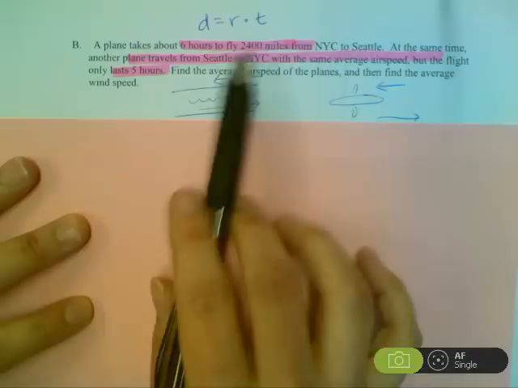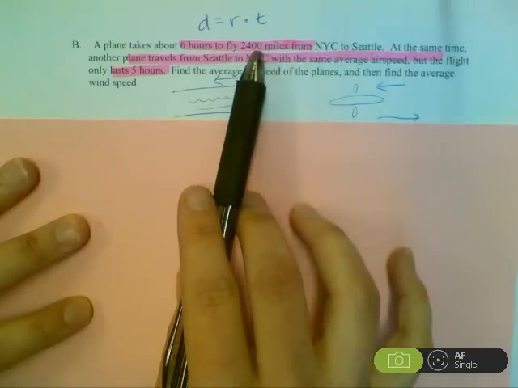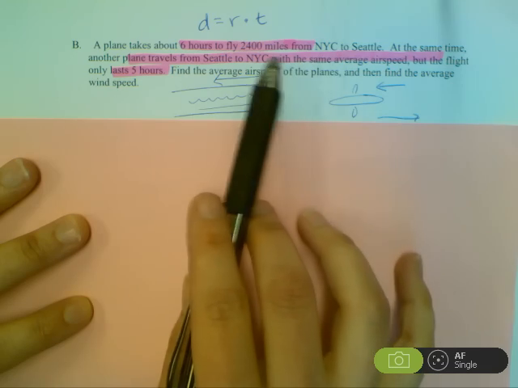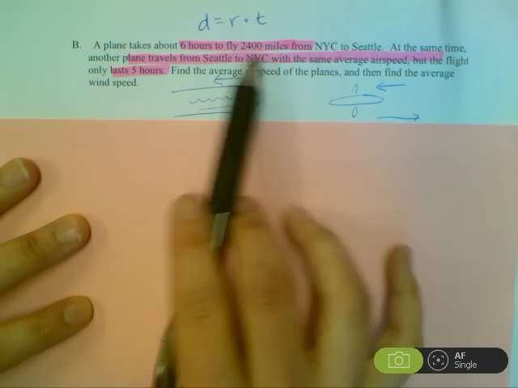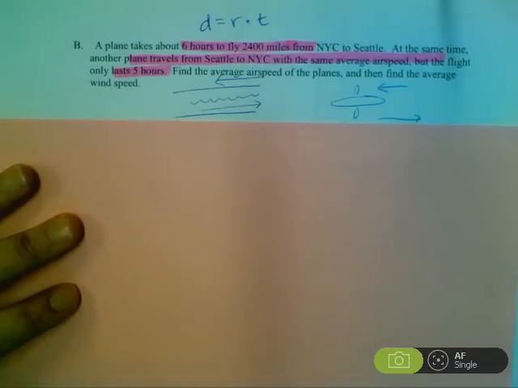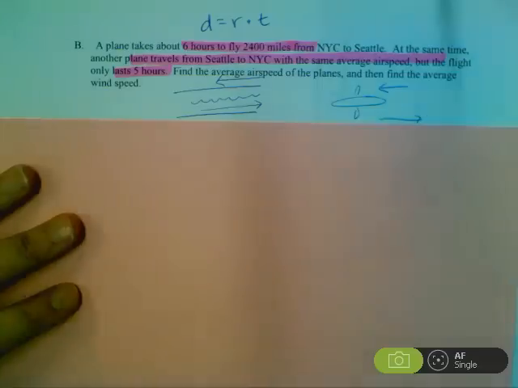Now, if you'll notice in this problem, I've given you a distance. It's 2,400 miles to Seattle and then also to New York City. So the distance is the same. The times are also different. Now I didn't tell you which time the plane is going with the wind and which time it's going against the wind, so you have to use common sense here.